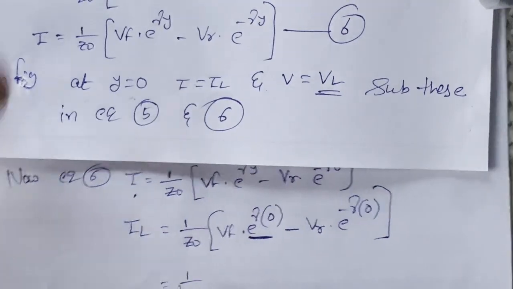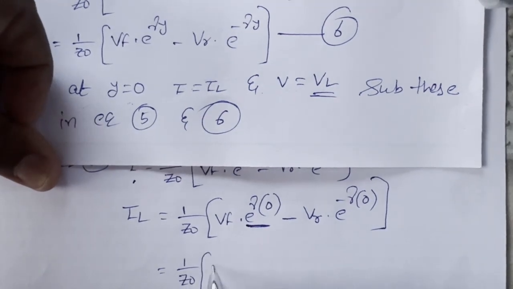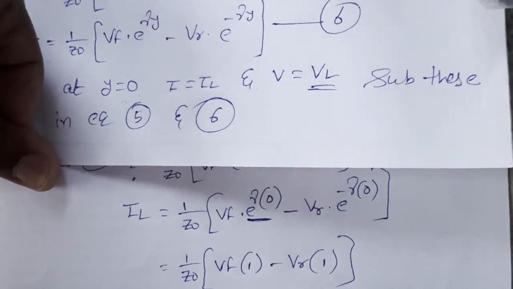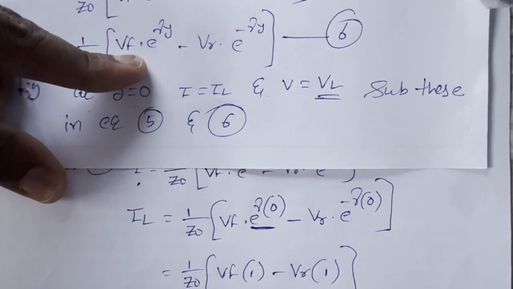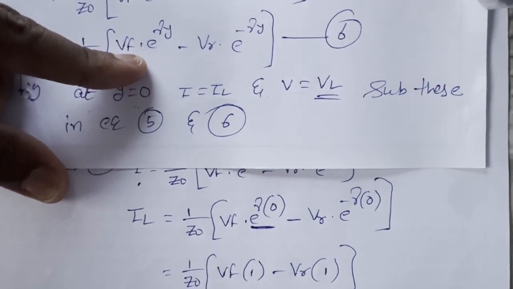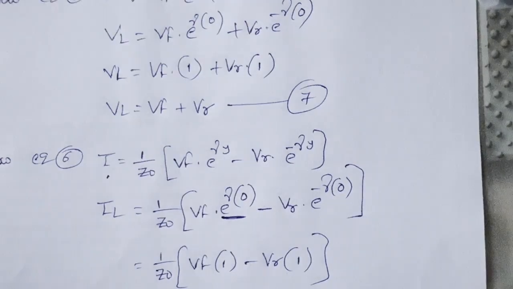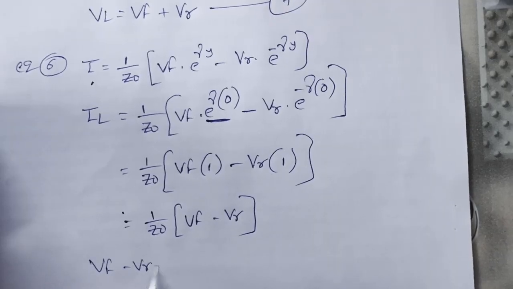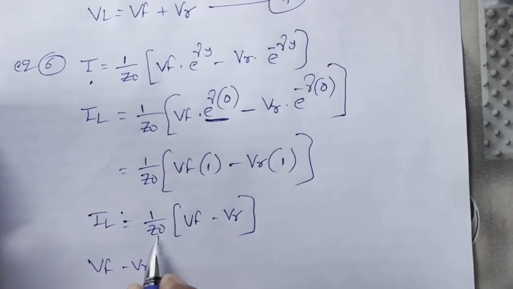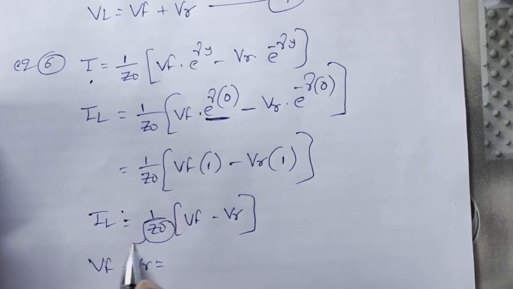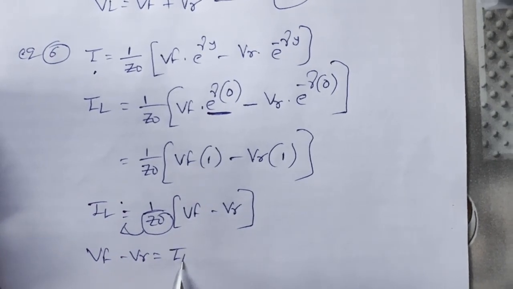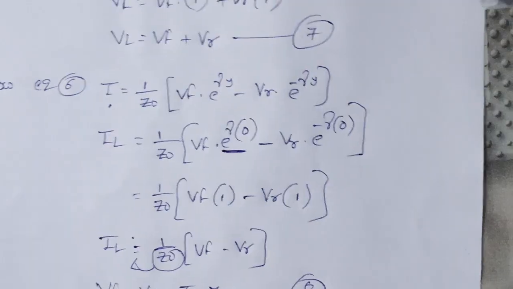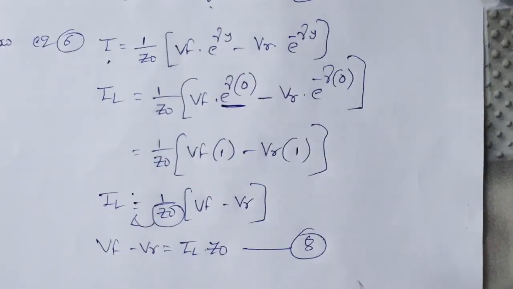So that equals 1 by Z0 into Vf into 1 minus Vr into 1, which is 1 by Z0 into Vf minus Vr. So finally, taking this Z0 to this side, Vf minus Vr equals IL into Z0. It is equation number 8.